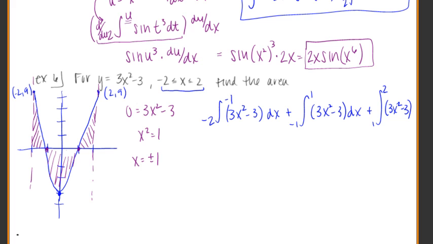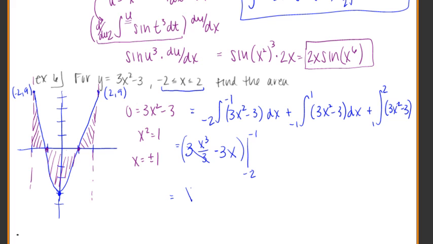Working piece by piece, whenever I find one integral, I'll use the exact same formula for the others. Let's go term by term in the first parentheses. Pull off the 3, the integral of x squared is x cubed over 3, and the integral of minus 3 is minus 3x, evaluated from negative 2 to negative 1. Those 3's cancel, which helps.